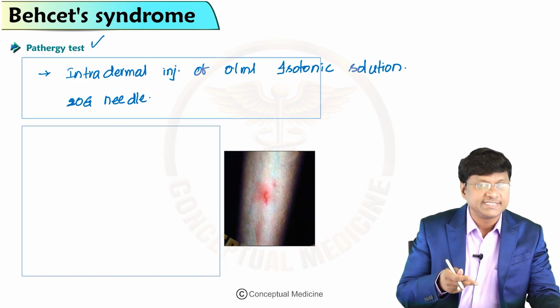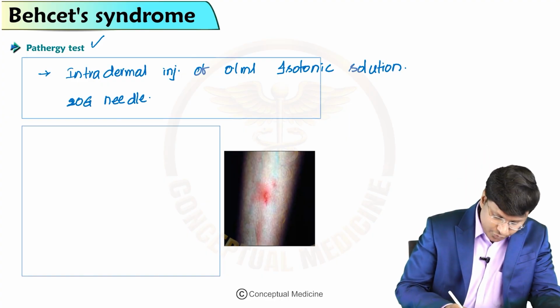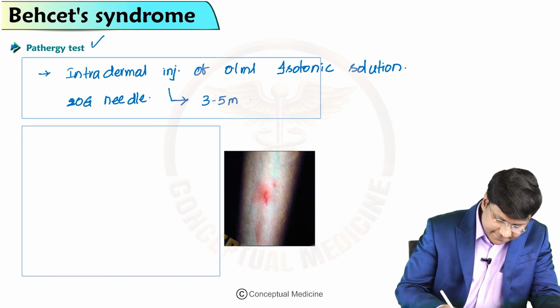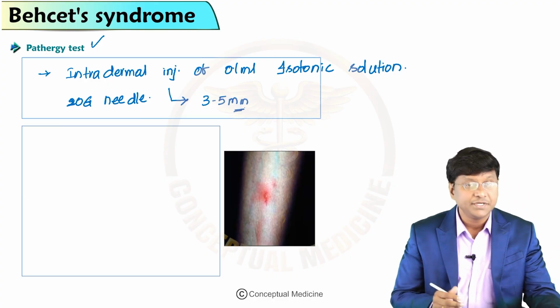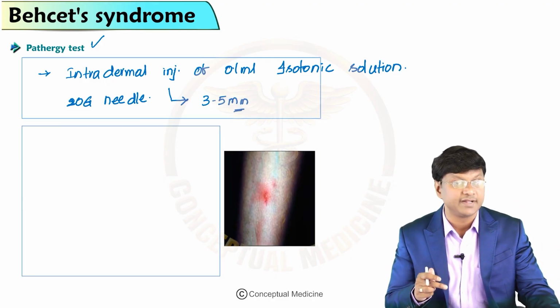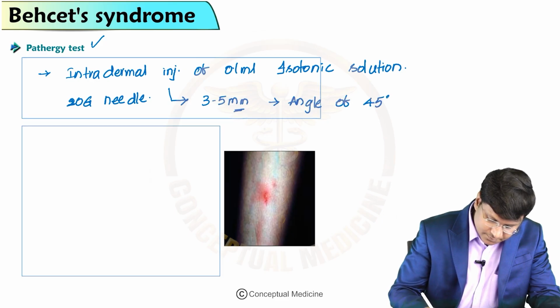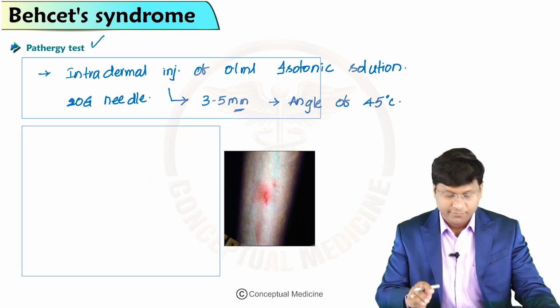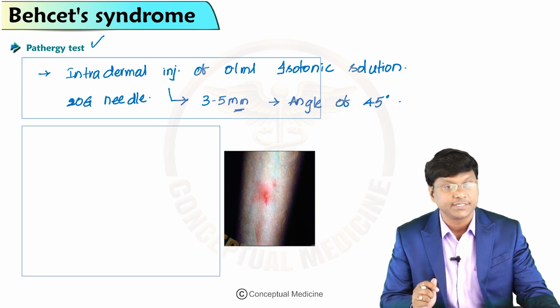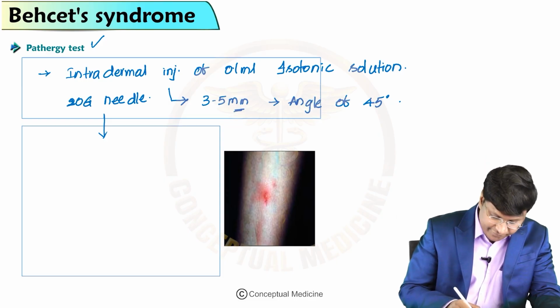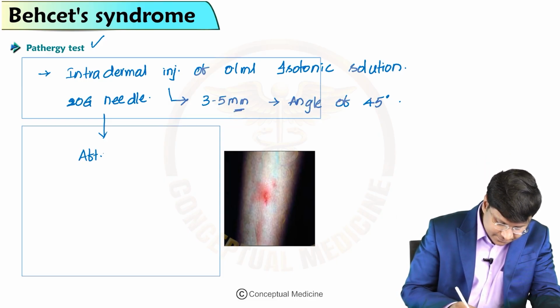Whenever you inject, you have to inject to a depth of 3 to 5 mm intradermally, at an angle of 45 degrees. And the test is read after 24 to 48 hours.